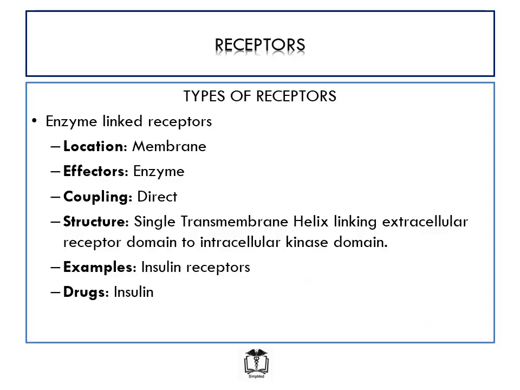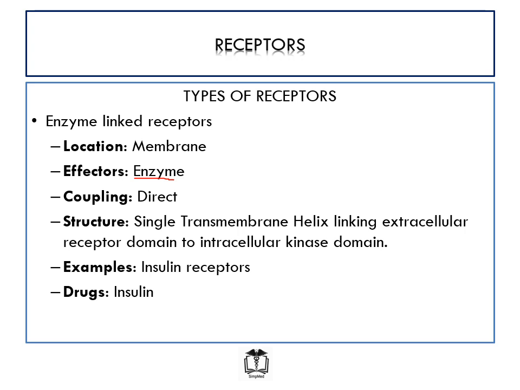The third type of receptors are the enzyme-linked receptors. The enzyme-linked receptors typically have a ligand domain found on the membrane. The effector domain is an enzyme, and the coupling between the effector domain and ligand domain is a direct coupling, meaning that they are connected directly. The structure of the enzyme linked receptors are single transmembrane helices linking extracellular receptor domain to the intracellular kinase domain.